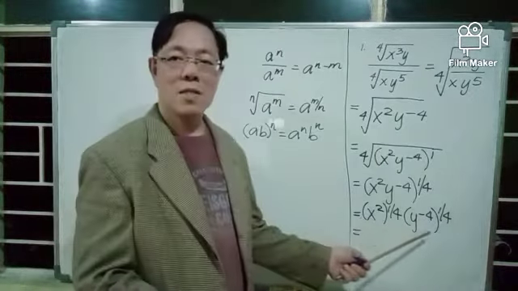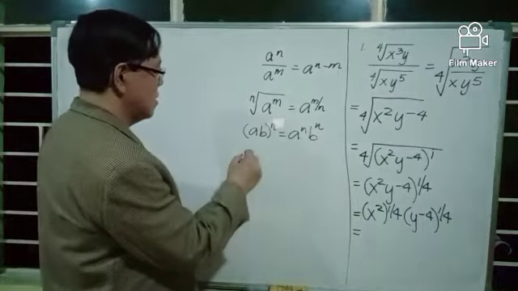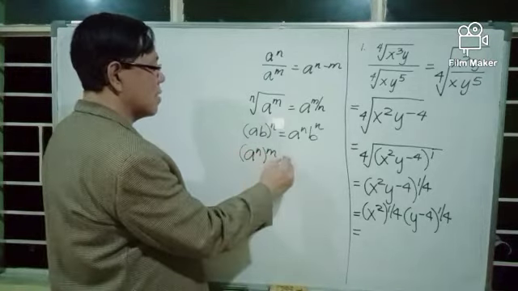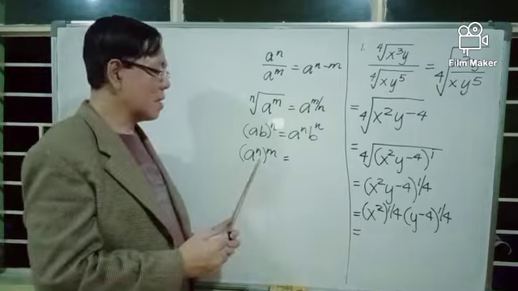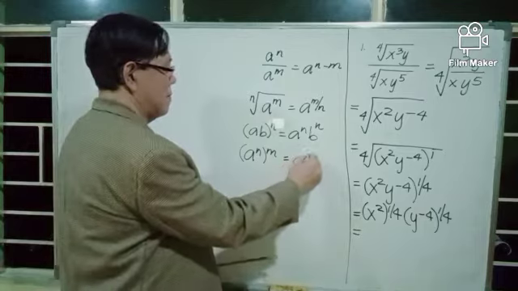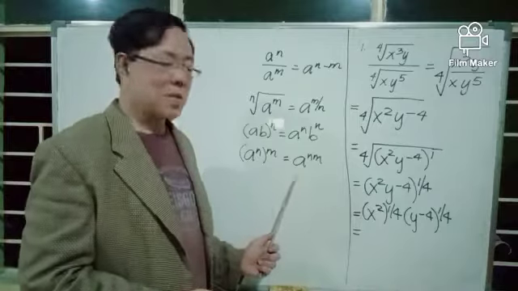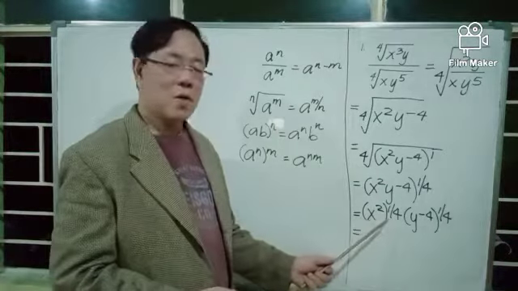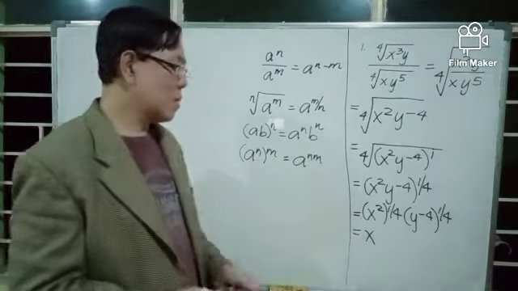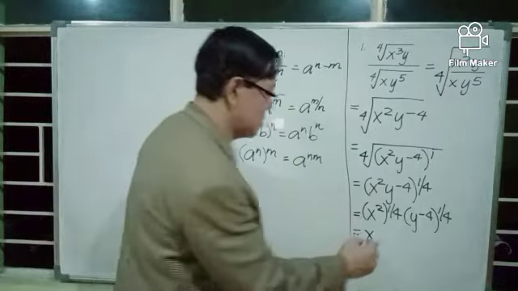To simplify each factor, we again use a property of exponent that says a to the n raised to another exponent m is equal to a raised to the product of the exponents n and m. By this property of exponent, x squared raised to 1/4 is equal to x with exponent equal to 2 multiplied by 1/4, which is 2/4.